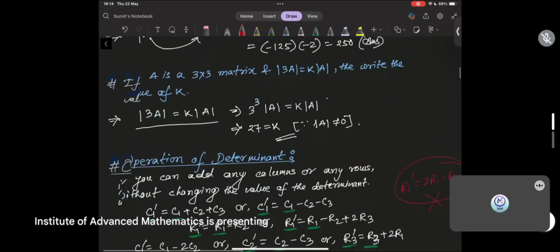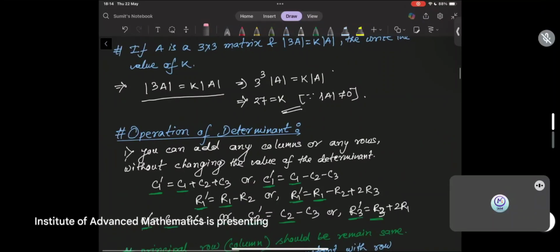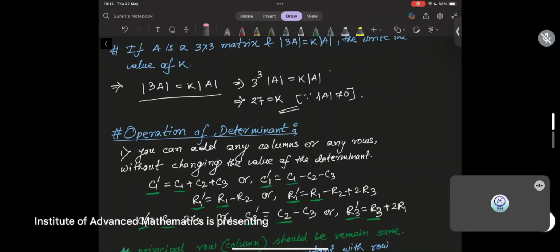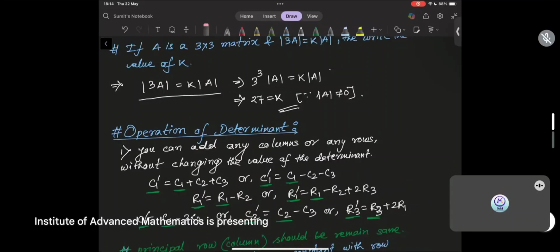Okay, next we are coming to operations of determinants, that is the important one. Operations of determinants means, like what I have written, that you can add any columns or any two rows, right?